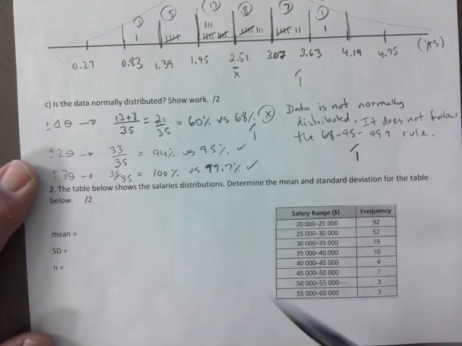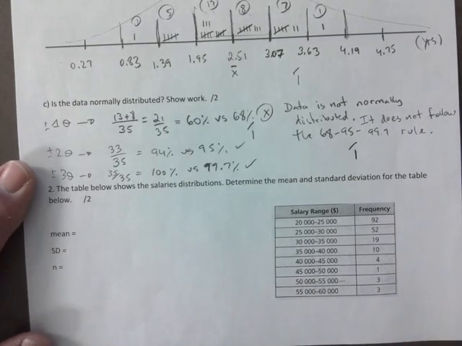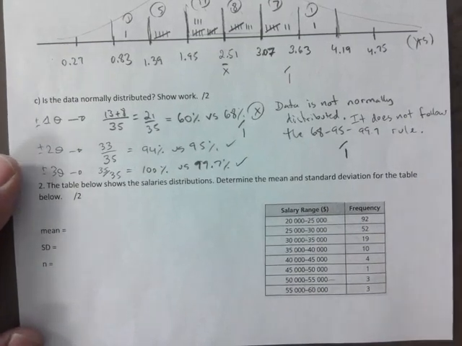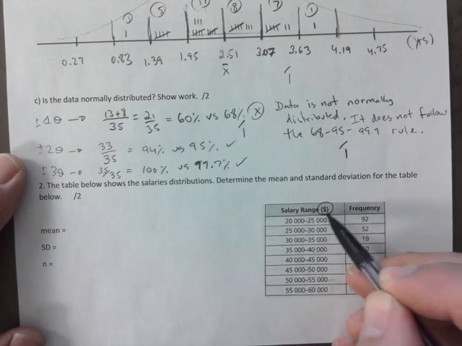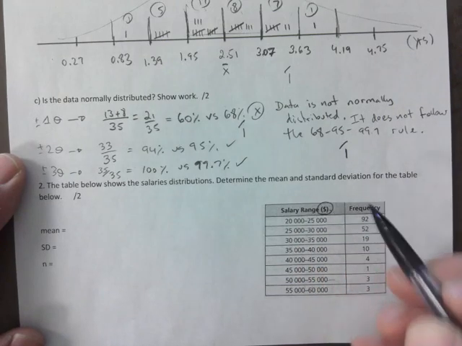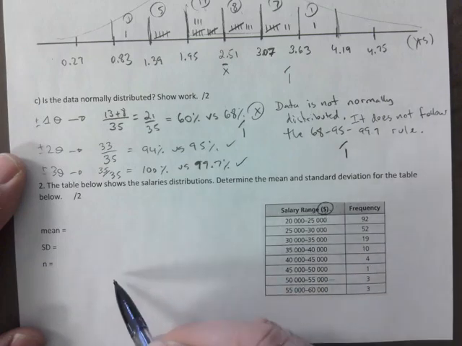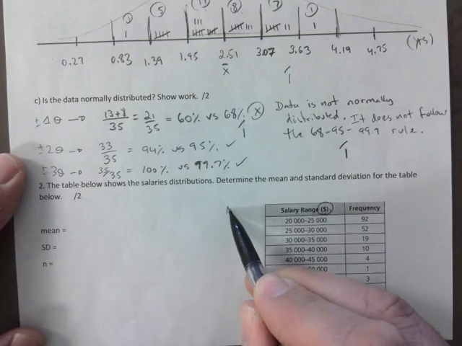There's a salaries distribution. Find the mean and standard deviation. So I'm just reminding you, this is a frequency table, and it's dealing with money. Okay, so those are the units that everything should accompany. So we need the midpoints.